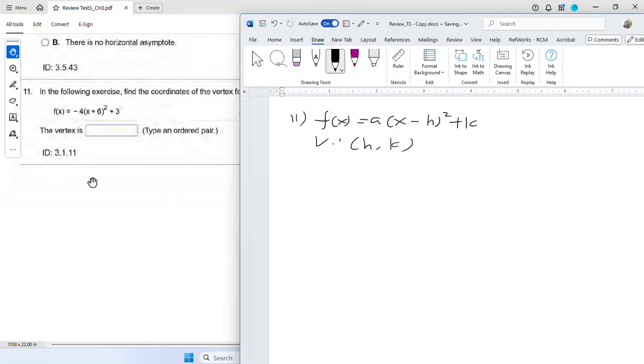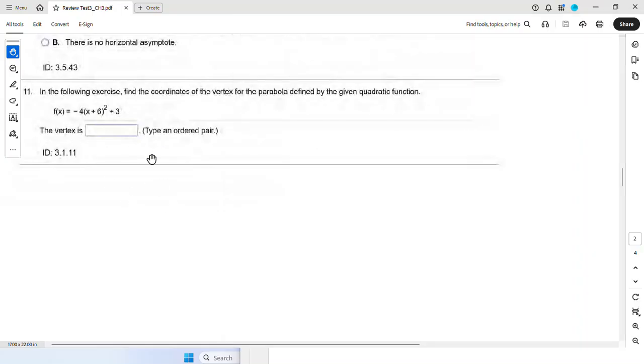So basically, you compare this form to that form, your h here should be -6, and k here is 3. So your vertex here is -6 and 3. All right, this one is already in vertex form, so you don't have to calculate. That's probably the easiest way.